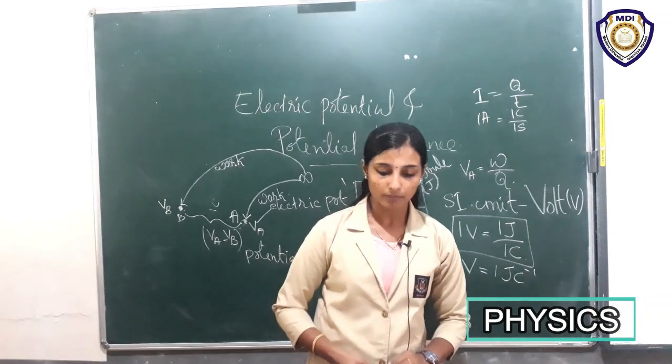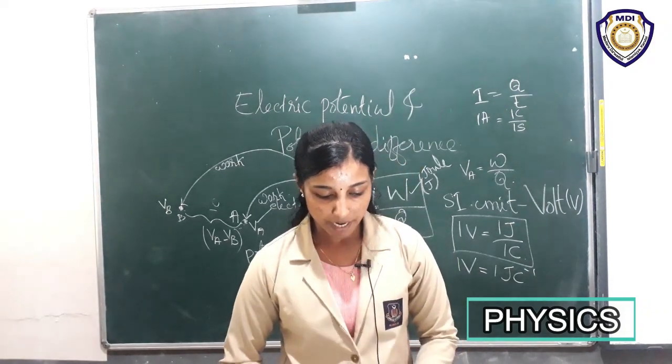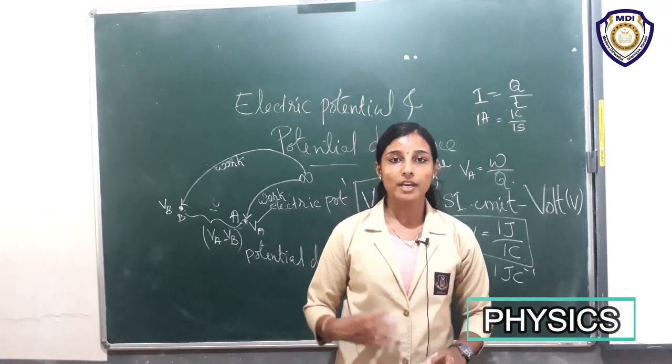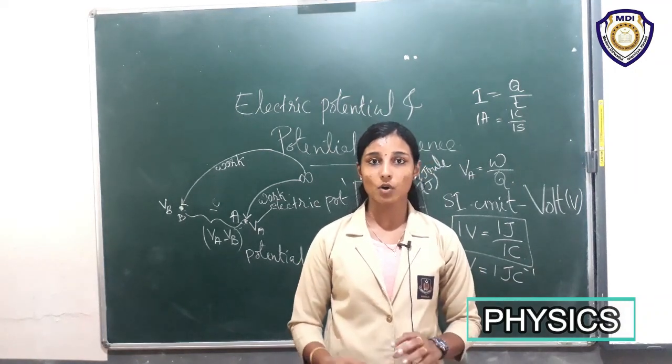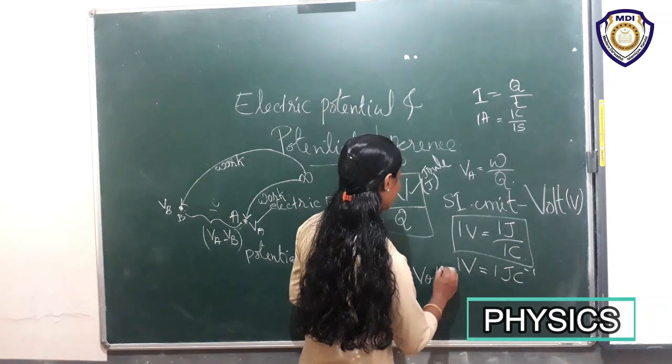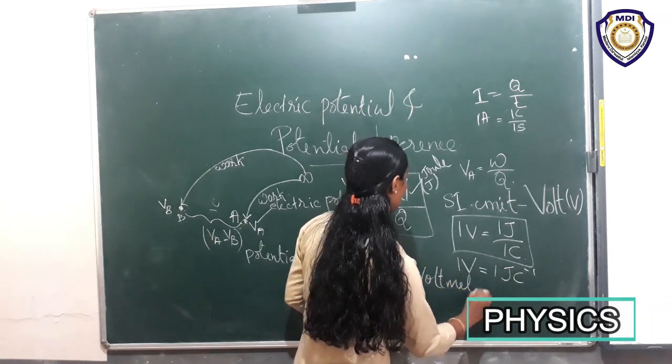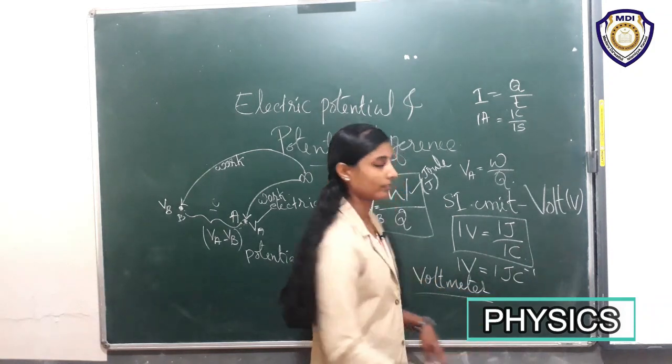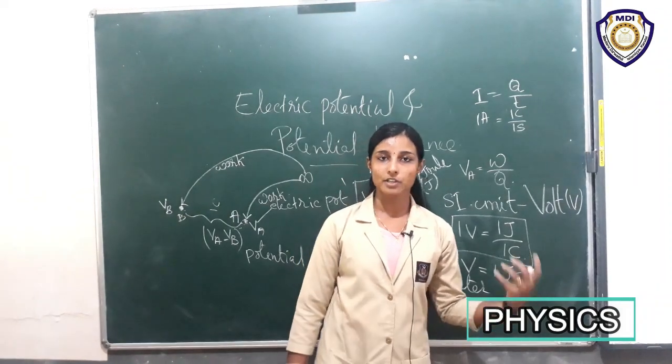So the instrument used to measure electric potential difference is known as a voltmeter. This is also found in some circuits.